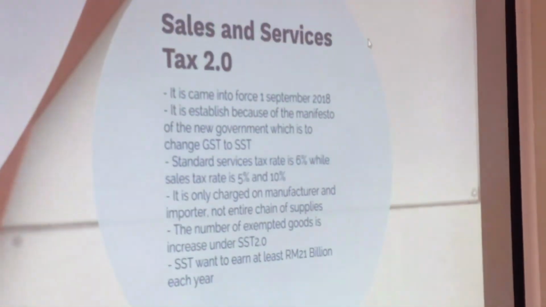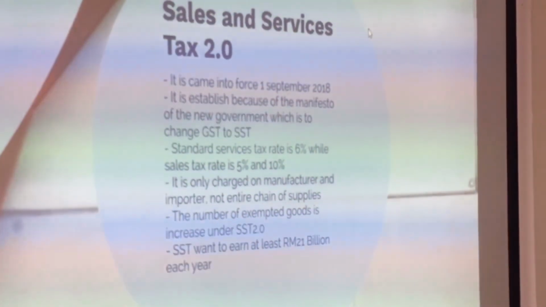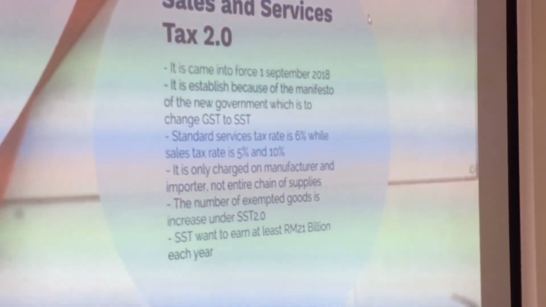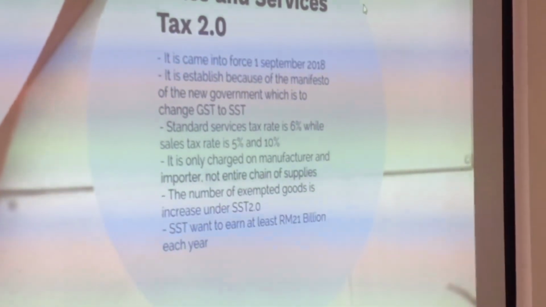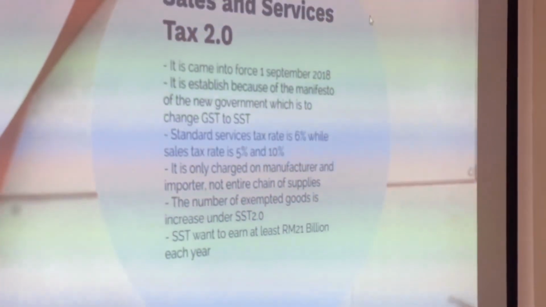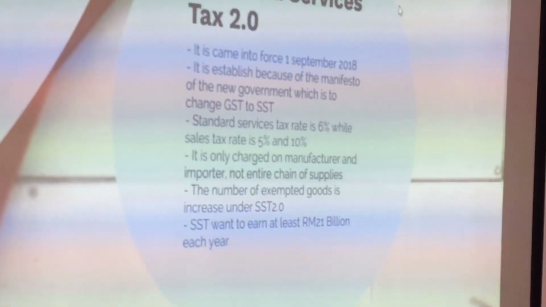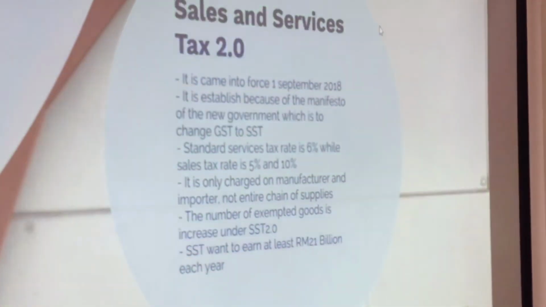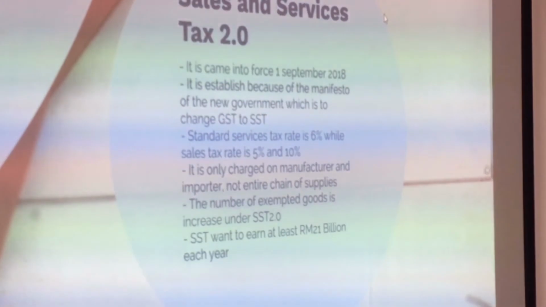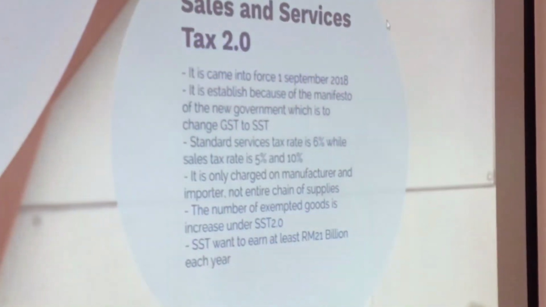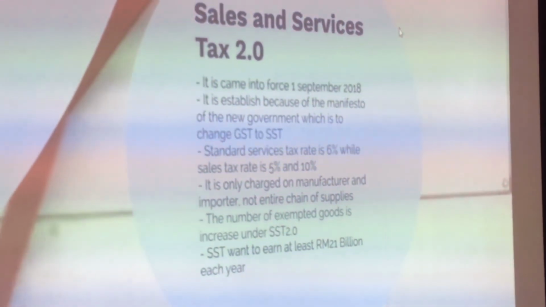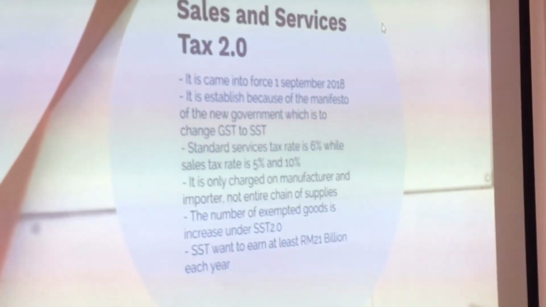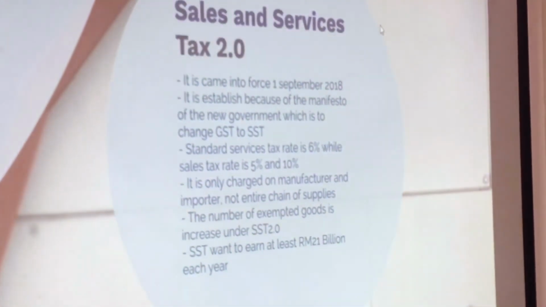The standard service tax rate is 6%, while the sales tax rate is 5% and 10%. It is only charged on manufacturers and importers, not the entire chain of supply. So retailers and others are not charged this tax.